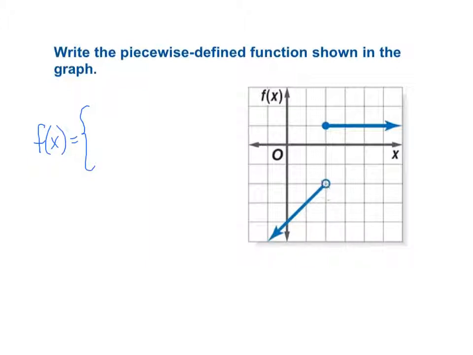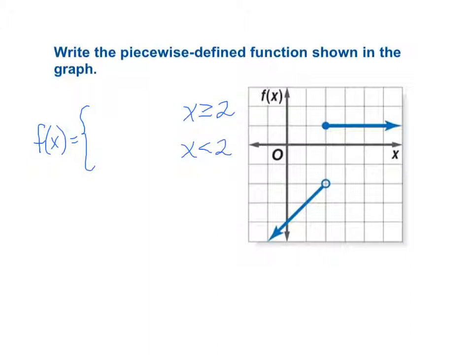All right, so we're going to kind of work backwards. We're going to do the interval first. So for instance, this is at x equals 2. So where x is greater than or equal to 2, I'm going to have one line. And when x is less than 2, I'm going to have a different line.